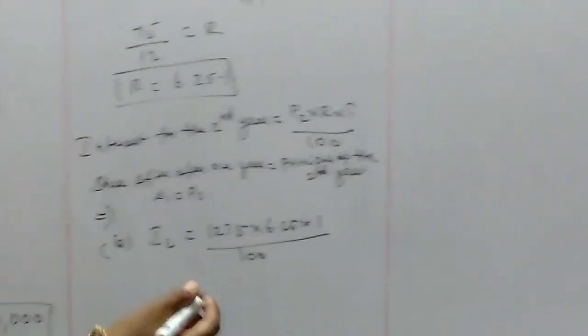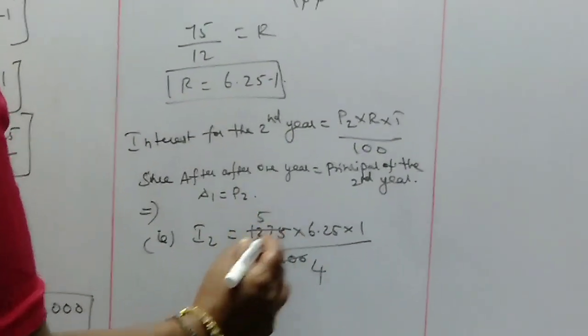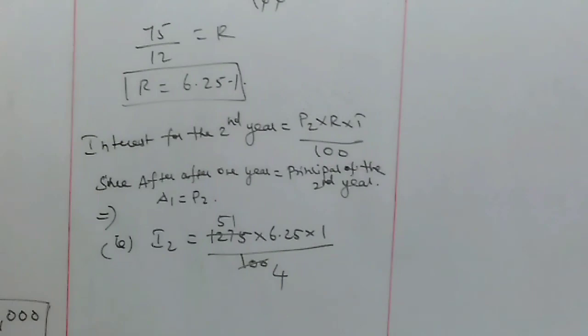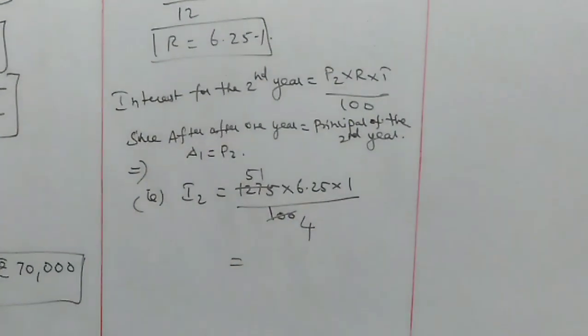Then if we cancel by the 25 table, this is 4 times, this is 125, 5 times 25, 51. So 51 into 6.25.